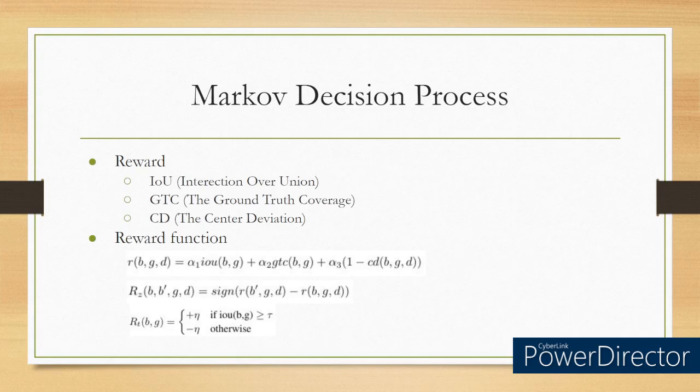The second equation indicates that if the quality function value for the bounding box B prime after a zoom step is greater than the value of the bounding box B before, then the zoom action is rewarded, otherwise it is penalized. The third equation represents the termination action, where a reward is given if the IOU between region B and the ground truth region is greater than a certain threshold tau, otherwise a penalty is incurred.